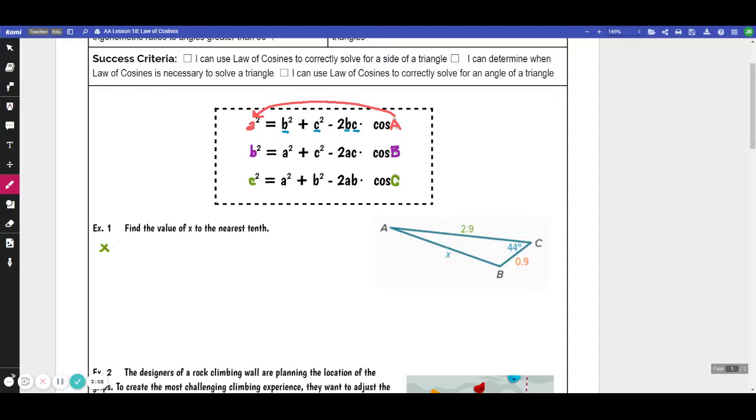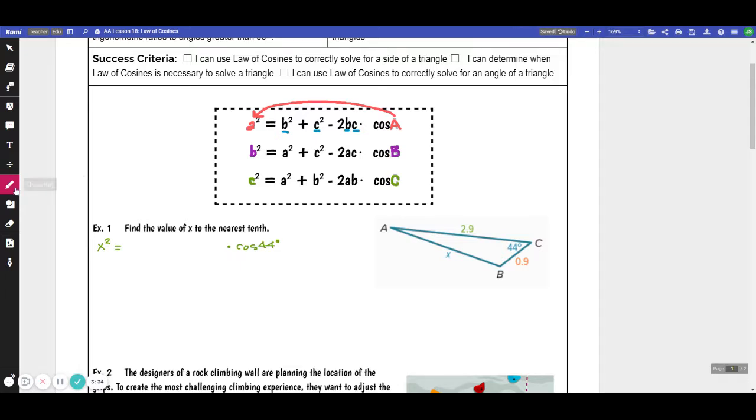That means that's going to be on this side. So x squared equals, whatever side I have, remember corresponds to cosine of that angle. So way over here, I'm going to multiply by cosine of that corresponding angle. Corresponding to x is 44 degrees.